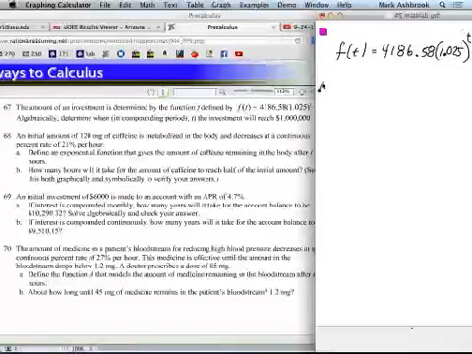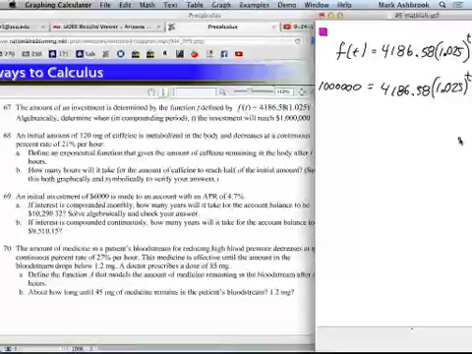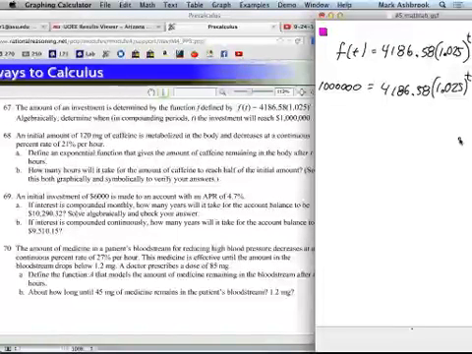Okay, so we'll go 1 million equals 4186.58 times, and our goal now is to solve for t. Up to this point, we said graph it and find where y is 1 million and get the x value. But now we've got the tools to do this without a graph. We can do it with algebra.